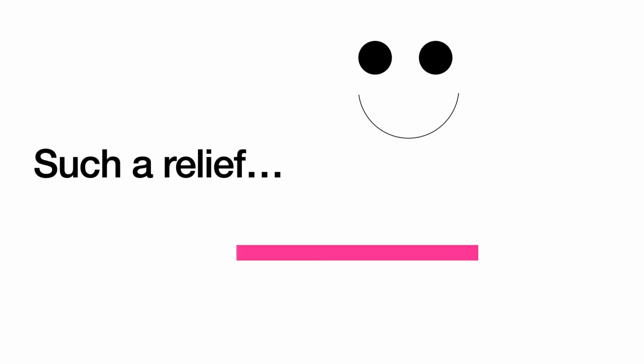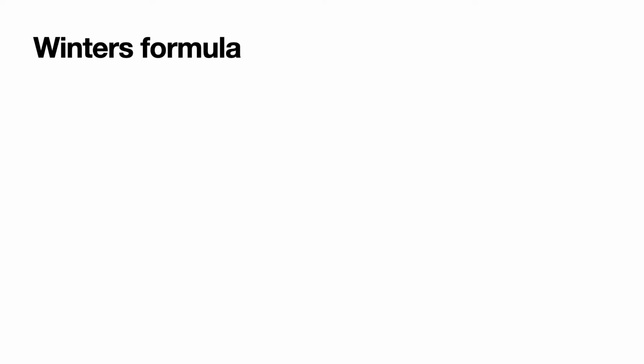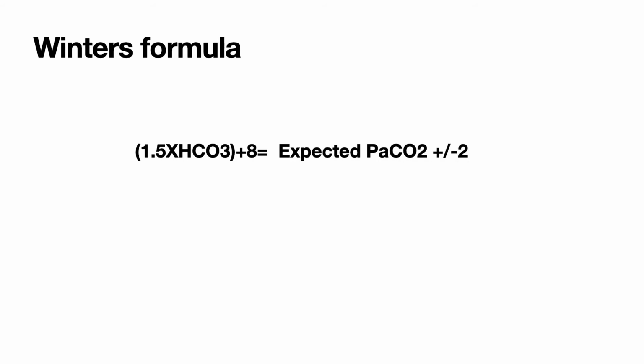Another one. The problem is that now you need to figure out what's the respiratory status. So the pulmonologist is looking at you, or the nephrologist is looking at you, and now he wants to know if you know the Winter's formula. Winter's formula is basically 1.5 times the bicarb plus 8.